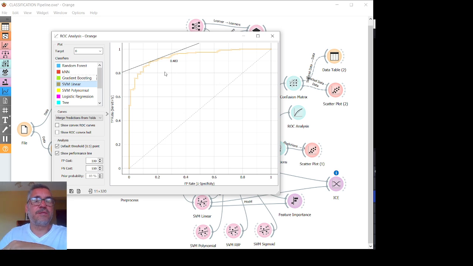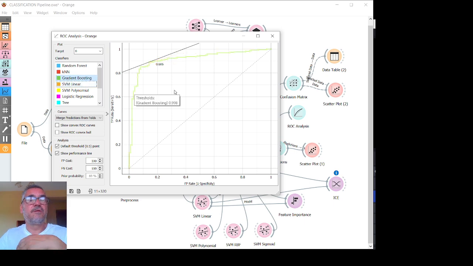So whenever we get a value above that, this is classified as 1. Whenever we get a value below that, the model classifies this as a 0. If I keep the gradient boosting model here, now the threshold for the gradient boosting model is 0.606.